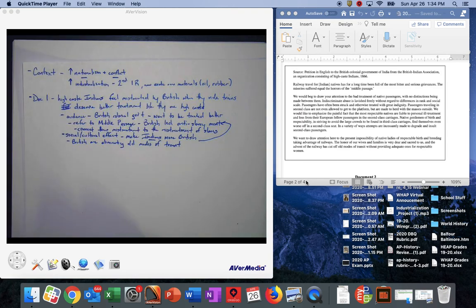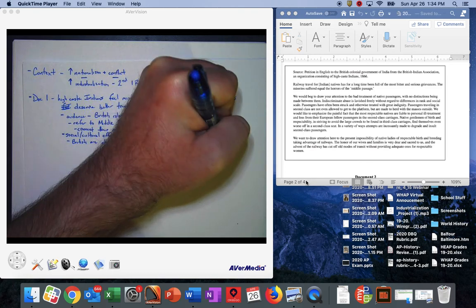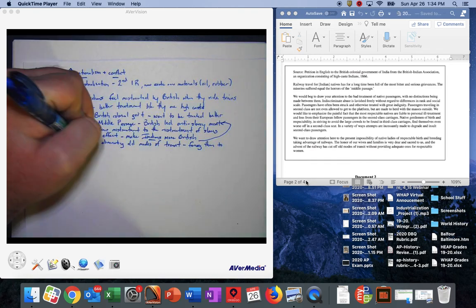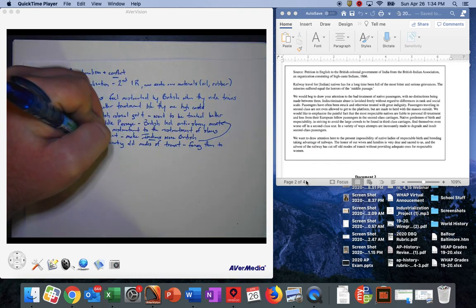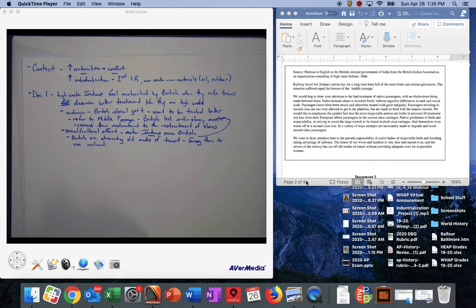Kind of forcing them to use the railroad. So when we think about the effects of the railroad, here are some of the effects that we're trying to make the Indians more British. And in this first case, it kind of seems like it's working.